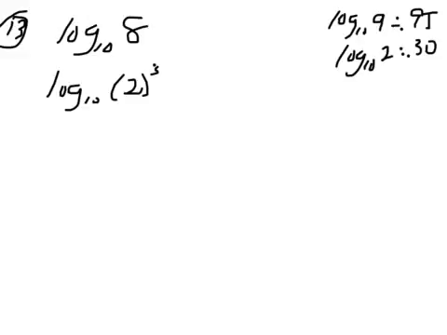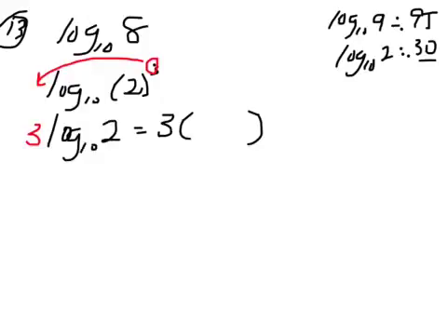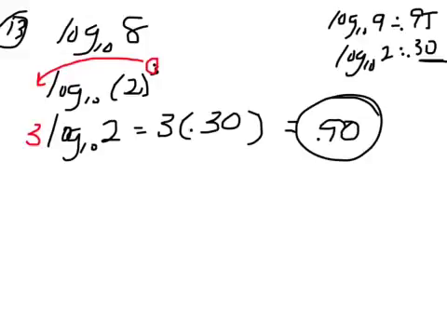Now I've got an exponent there, that 3. The log rules say I can drop that out front. So that would be 3 times log 10 of 2. But I know what log 10 of 2 is. It was 0.30, so that's going to be 0.90, and they're having you write it out to 2 decimal places. So that's what you're doing on those. They look kind of weird, but that's all you're doing there.